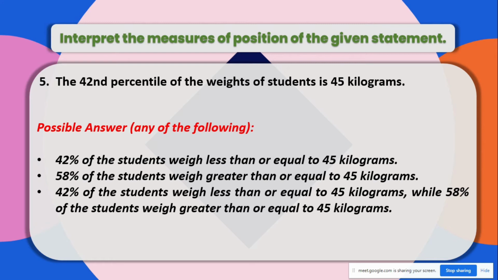So yun naman yung greater than or equal to 45 kilograms. So if we're going to connect the first sentence sa second sentence, we may use a conjunction, while, pwede rin and, no? So yan.